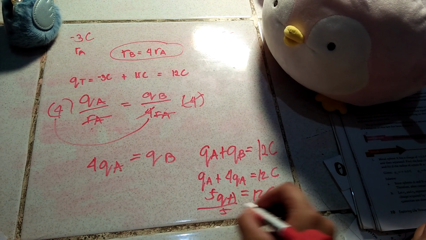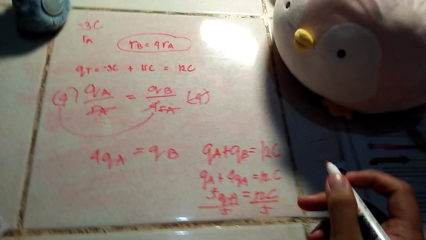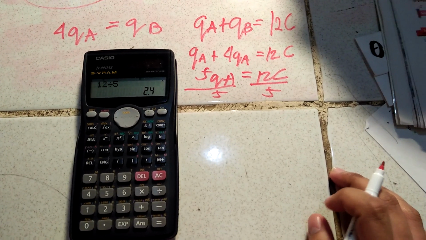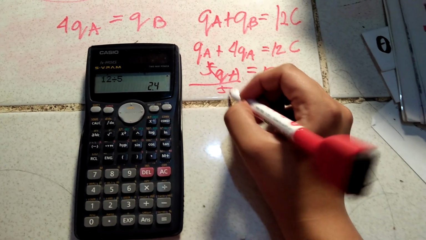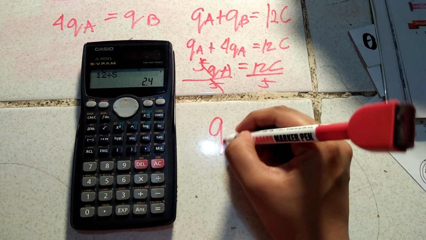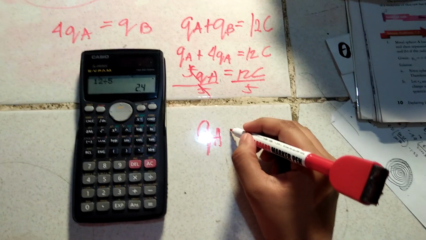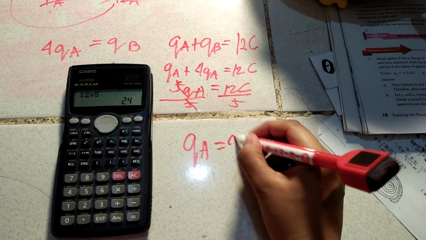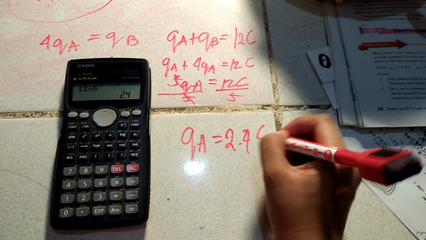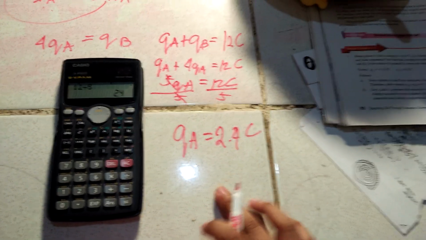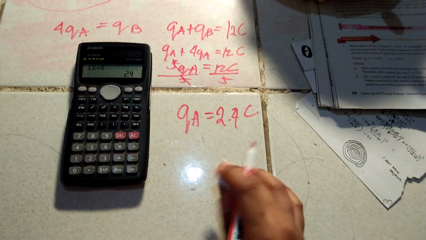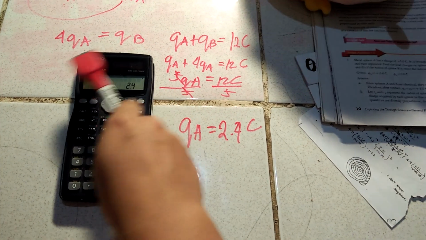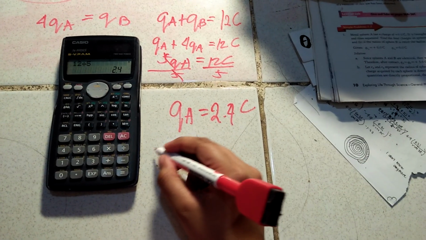Divide by 5 on both sides. Okay, so here the 5 cancels, so we have QA is equivalent to 12 divided by 5, 2.4 coulombs. Okay, but we're not done yet, because we still need QB. And as it was stated here, QB is equivalent to 4QA.